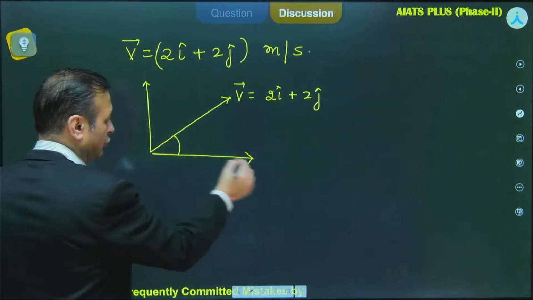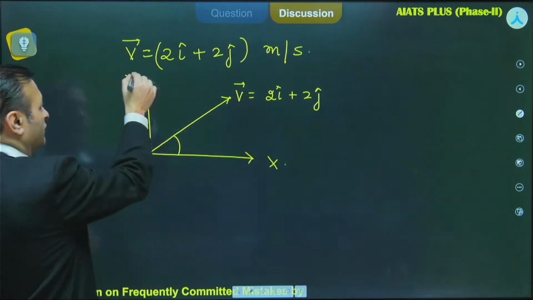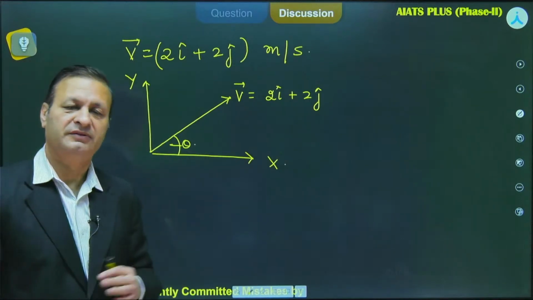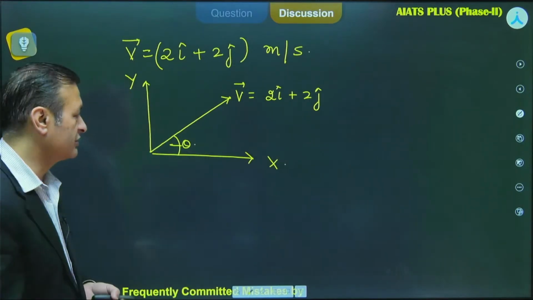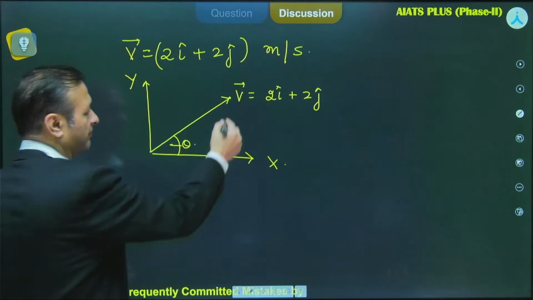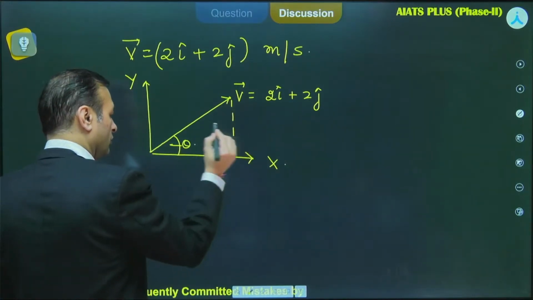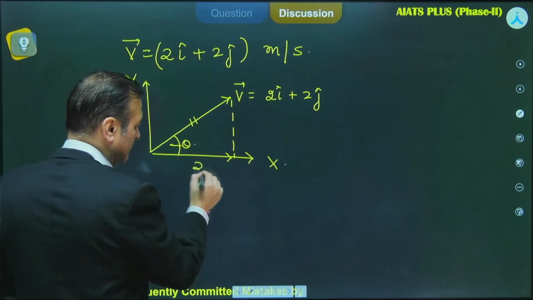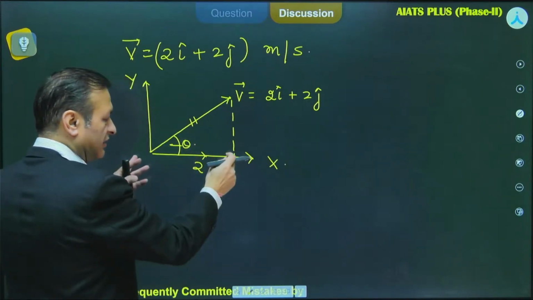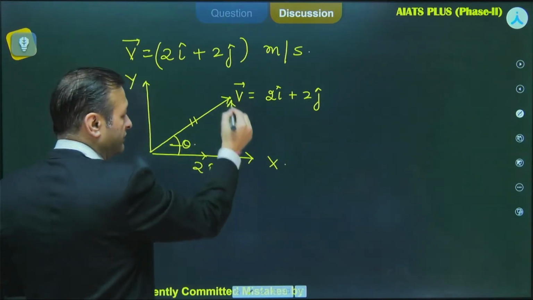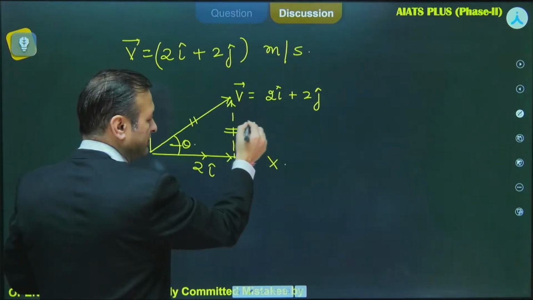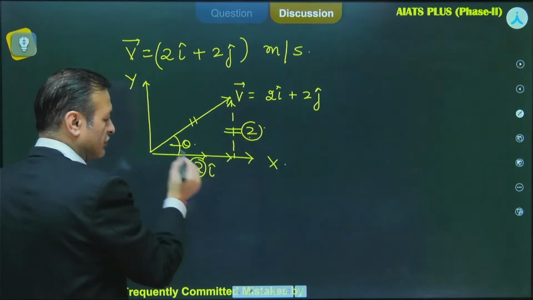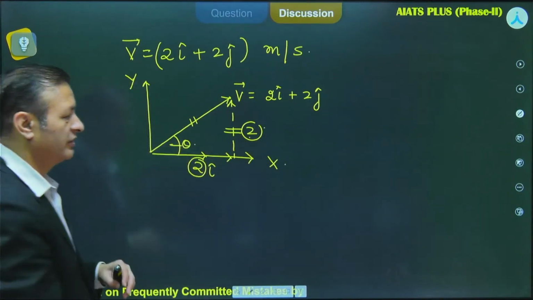Because we have assumed x-axis and y-axis, my question to you is, how will you find this theta? If you understand this vector, it has x component 2i cap, so this length is 2, and this is 2j cap, so this length is also 2. Lengthwise this is 2, this is 2, and I am asking you about this angle.